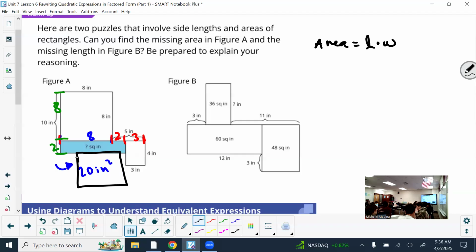All right, so then in figure B, we're missing this side length. Table 6, what is that missing side length? 9. And how'd you get that? Okay, what did you get for the top part of it?